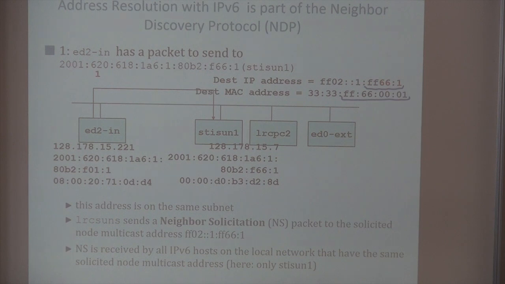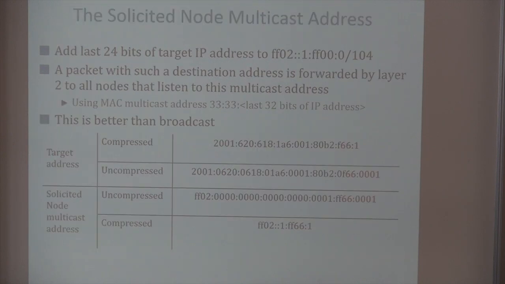That's the reason. Other than that, the things are exactly as for IPv4, except this tricky derivation of the solicited node multicast address, which is given here in all details.